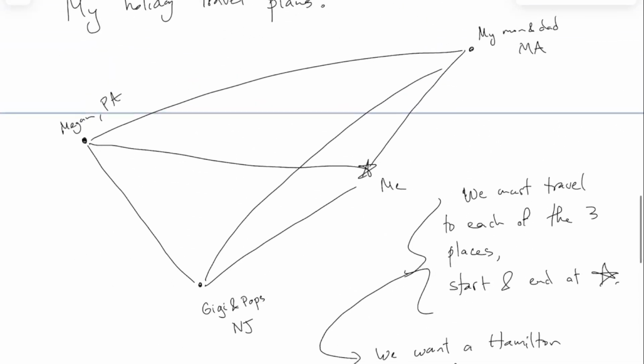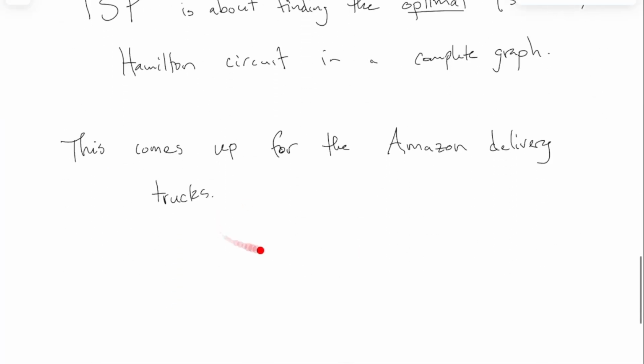I mean, this is a very simple version where there's only 3 destinations, and I want to know what's the best way to drive across all 3 destinations. But in this case, the delivery truck has something like 200 destinations, and it's not at all obvious how to decide which order you're going to do them in, right? I mean, if all the houses live on the same street, you can just do one by one, but they don't all live on the same street. They live all over the place, right?